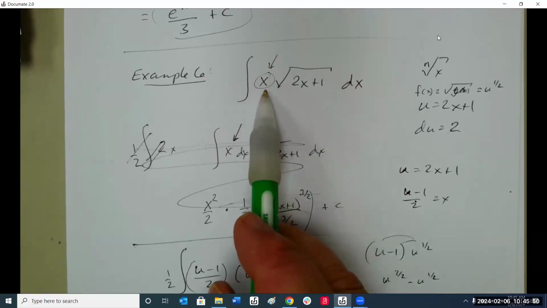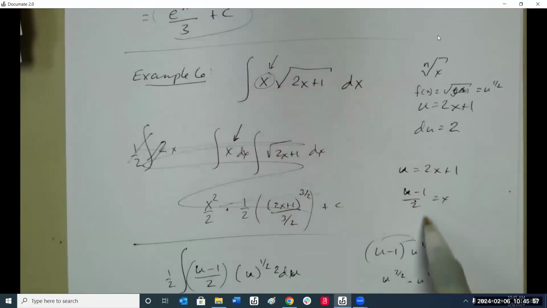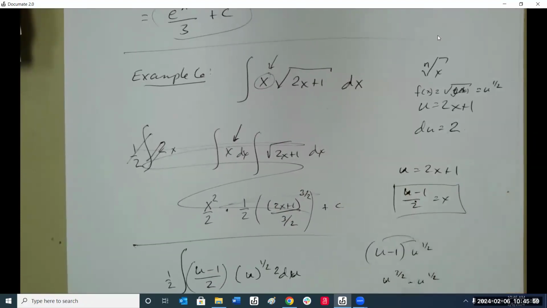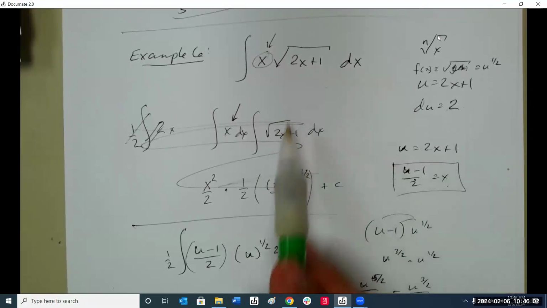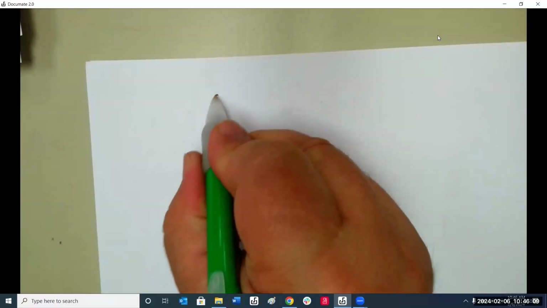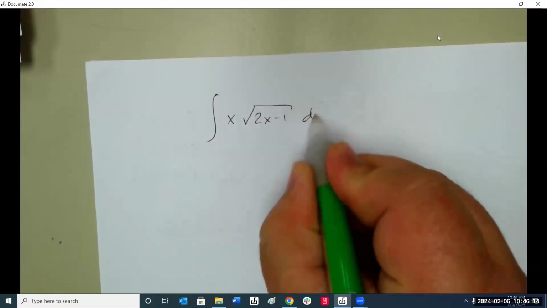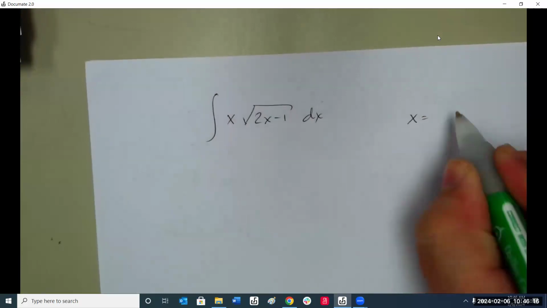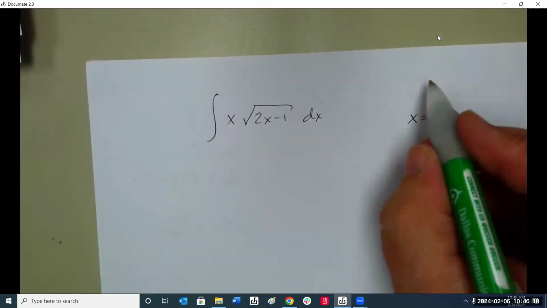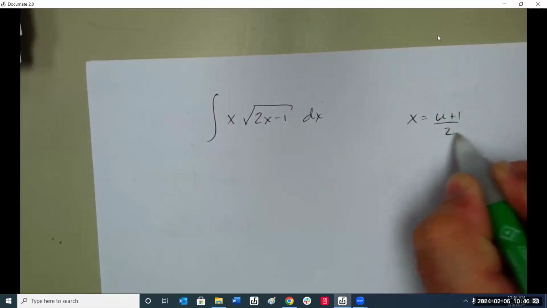Since we have this outlier there, we have to get it in terms of u. We know that x is equal to u plus 1 over 2.